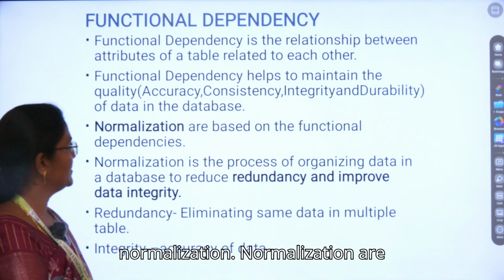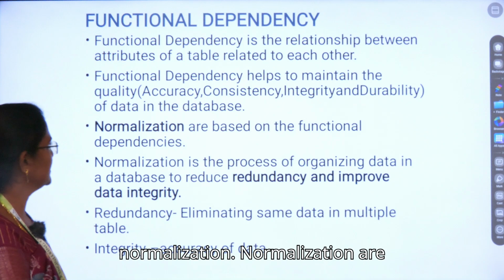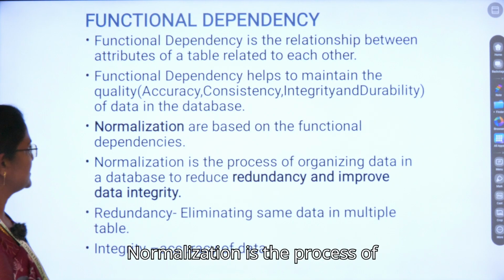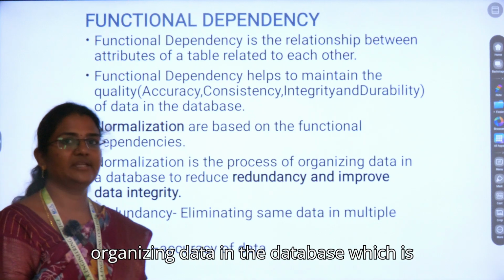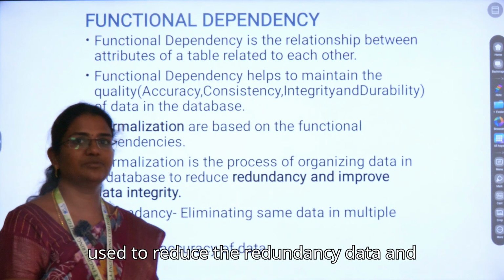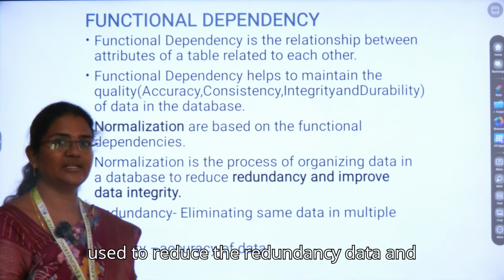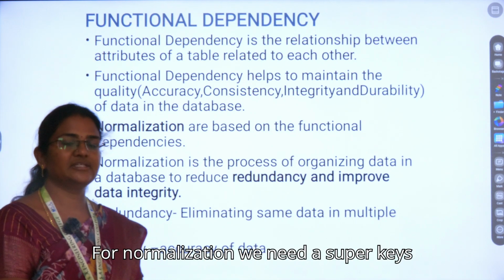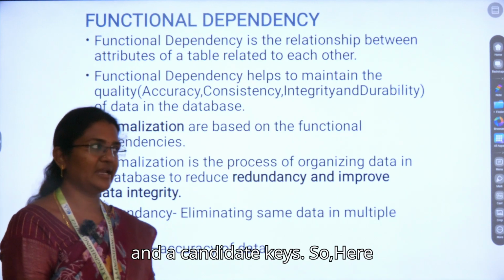Next one is normalization. Normalization is based on functional dependency. Normalization is the process of organizing data in the database, which is used to reduce redundant data and improve the quality of the data. For normalization, we need super keys and candidate keys.